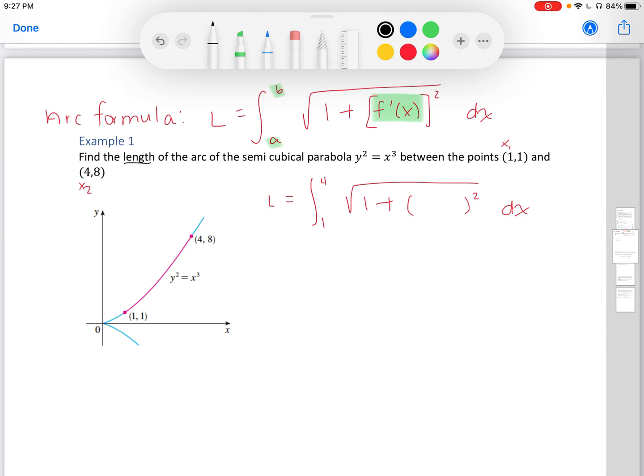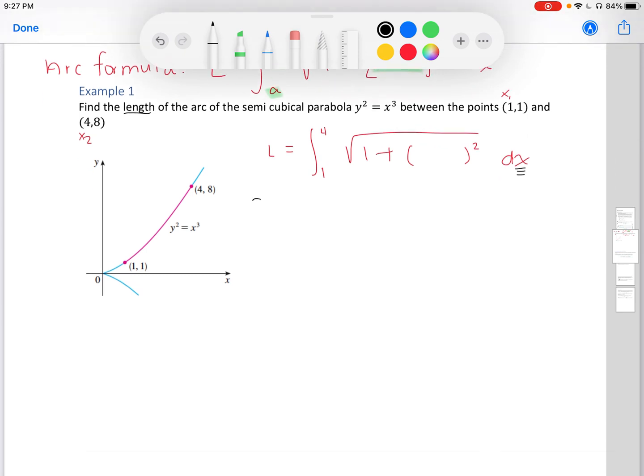Well, we want it in terms of x, so let's go ahead and get y by itself. So let's solve for y. We have y squared equals x cubed. We take the square root of both sides, so we're left with y equal to the square root of x cubed.